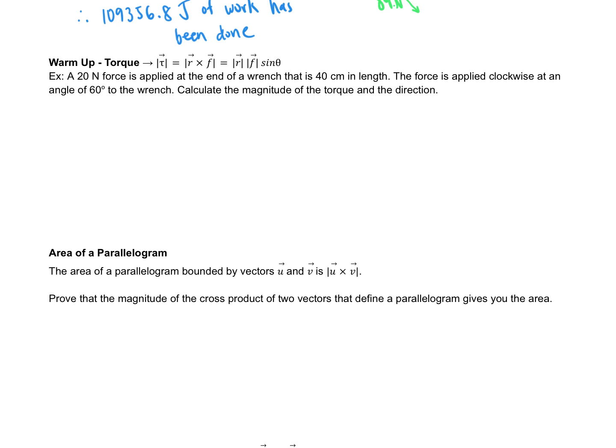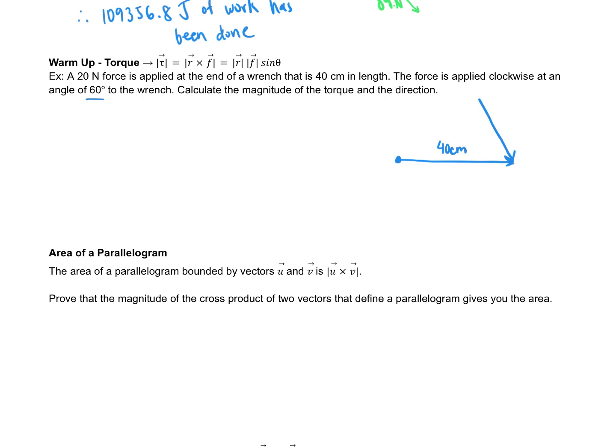So I'm going to start with a diagram here. Let's say the bolt is here. This is the wrench. The wrench is 40 centimeters in length, and there is a force of 20 newtons applied at the end of the wrench, at an angle of 60 degrees to that wrench. So here's my torque arm.